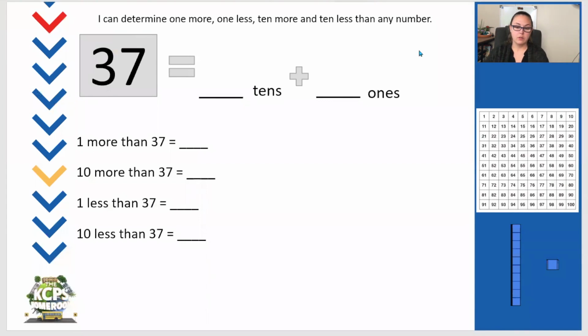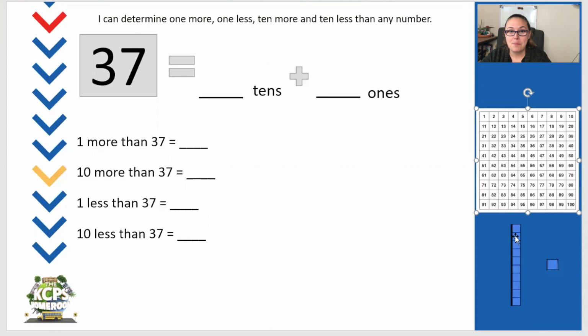All right, so our first problem today, we're just going to pause here and I'm going to show you everything that is on the screen in front of you. That way, as we get working, you don't have any questions about what I'm grabbing or the format in which I'm presenting. So over here on the right in the blue section, you'll see my tools for today. I told you we'd be using a hundreds chart, so there's a hundreds chart.